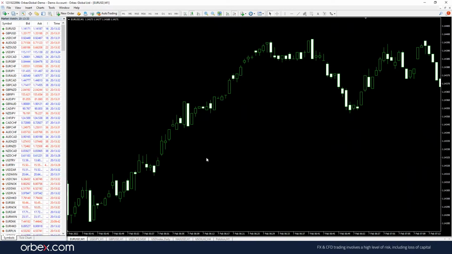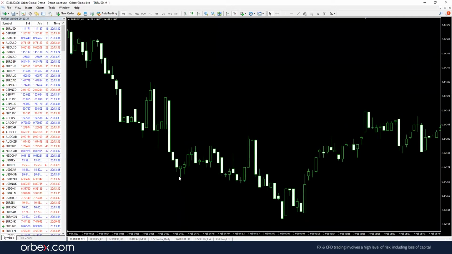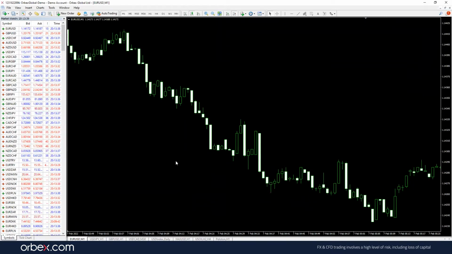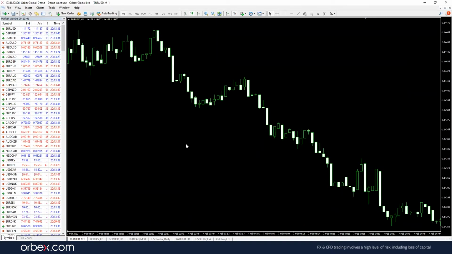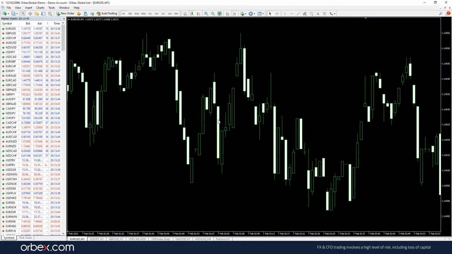This is to do with the fact that there's not many traders in the market, and in turn, that means that there's not many prices in the market at that time. So there's a lot of volatility, because as you can see here, we've got to just before 2 o'clock in the morning.